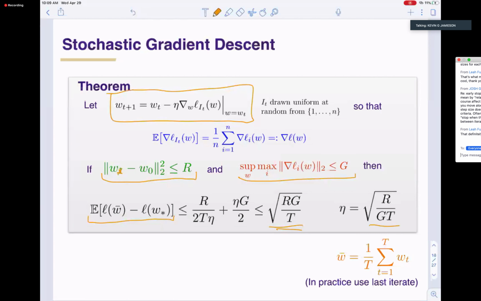This is a remarkable fact. All I used here was that L is convex.